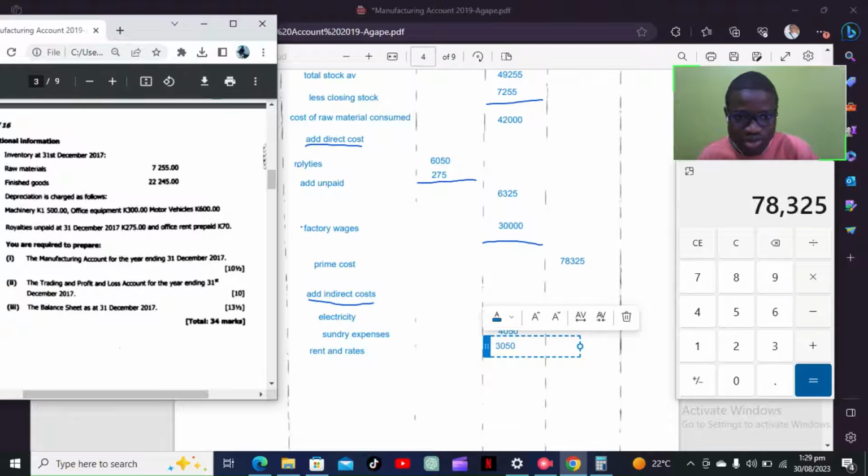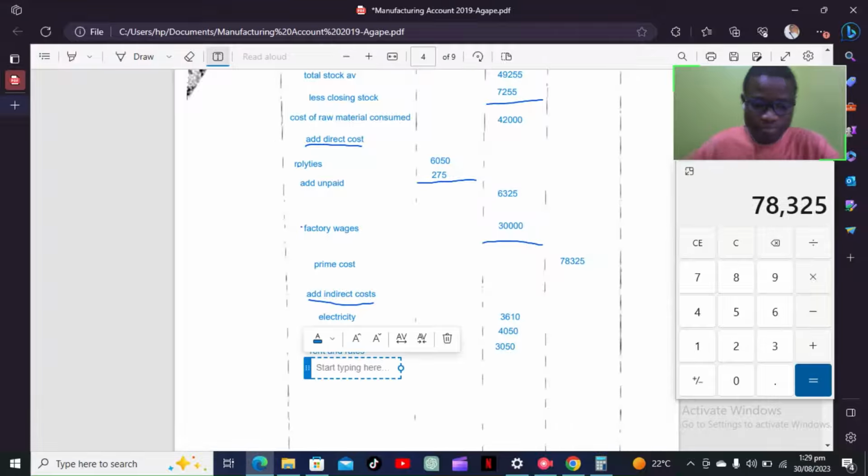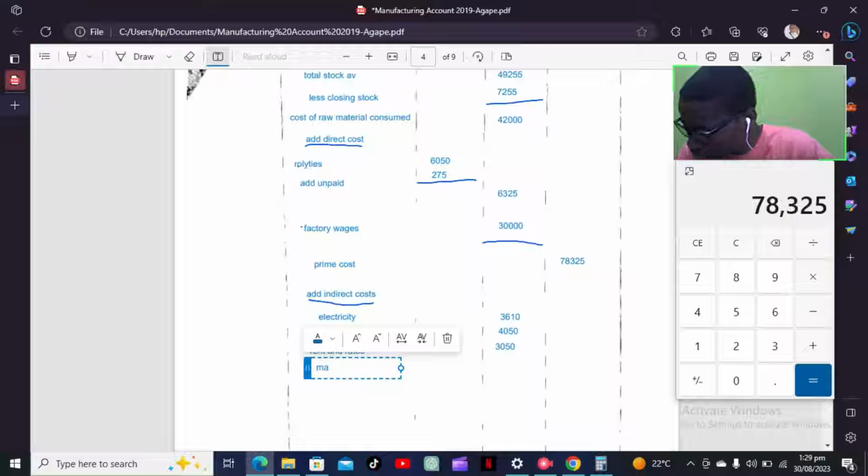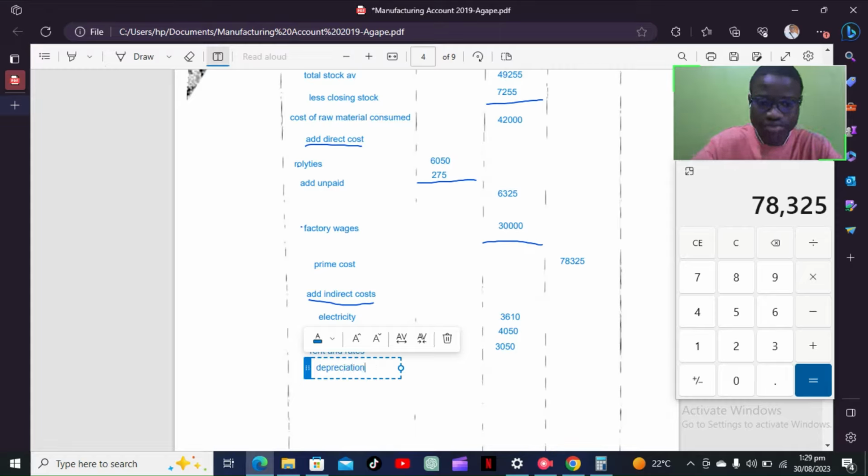So here we're going to enter the depreciation concerning the factory, which was the machinery. J. Katushi's machinery was depreciating. So we're going to enter depreciation, and this depreciation is for the machinery.